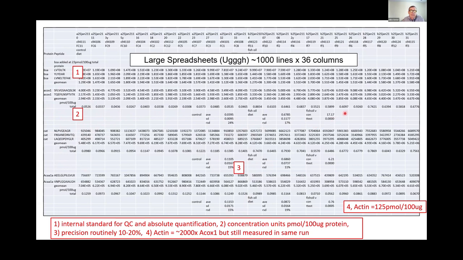From there, it's just classic quantitative analysis, means and standard deviations. In a well-done experiment, the precision will be in the 10 to 20% range. We start to get nervous when we see lots of things over 30%, and wonder what went wrong.